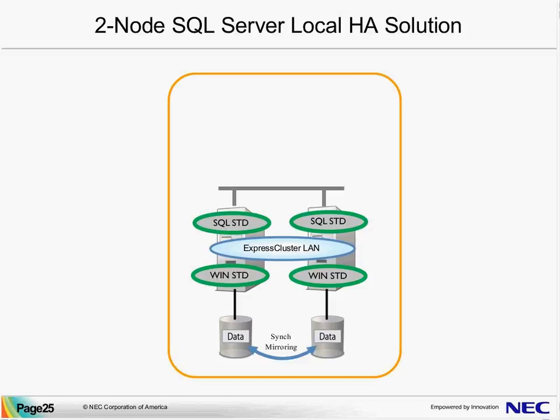As you can see here, this is a very simplified solution in that you only need to take a typical standalone SQL Server running on SQL Standard Edition and Windows Standard Edition, and have ExpressCluster LAN enable mirroring to an application recovery server, a similar low-cost server, and there are no requirements for any additional infrastructure to deploy the solution. So this is a very self-contained, comprehensive solution by itself.